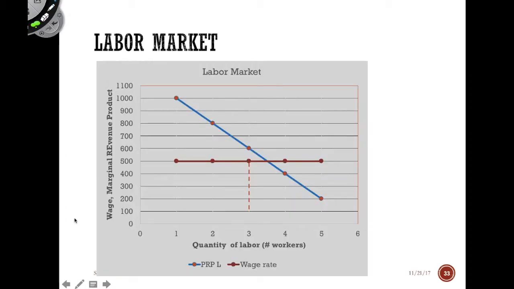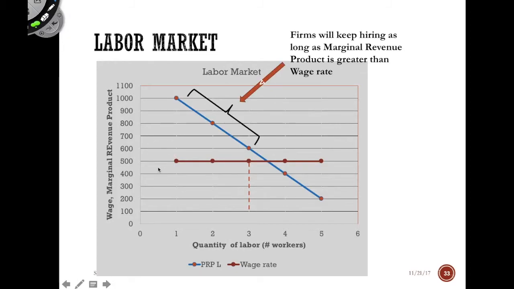Here is a graphical representation of our labor market. So here is the demand for workers, and here's the wage rate. And so that would be our marginal resource cost, and here is our marginal product.